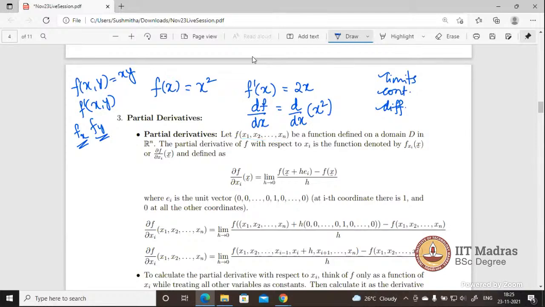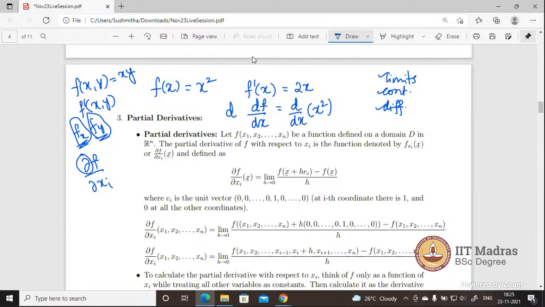Now we talk about the partial derivative. That is, we are differentiating partially with respect to one of the variables. The partial derivative of f with respect to xi, the ith variable, we denote by f subscript xi, just like how I have written fx and fy. For that, we use this dou instead of d.